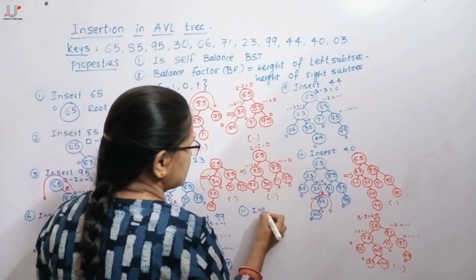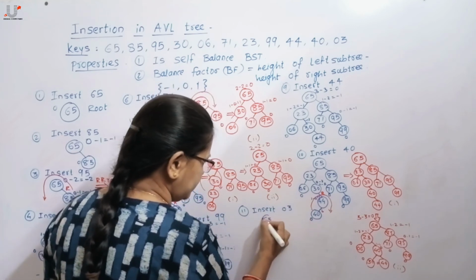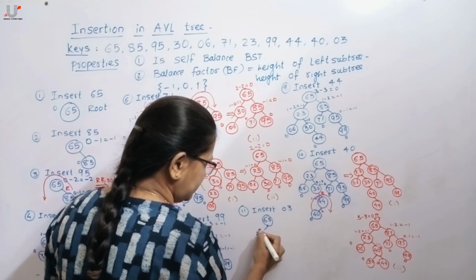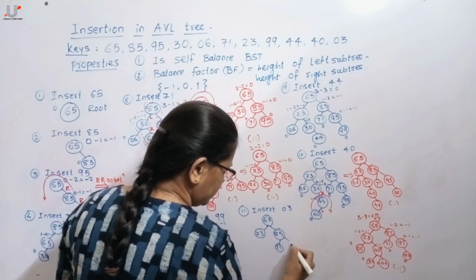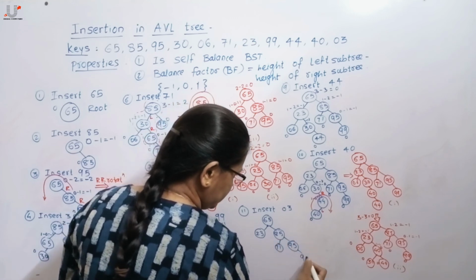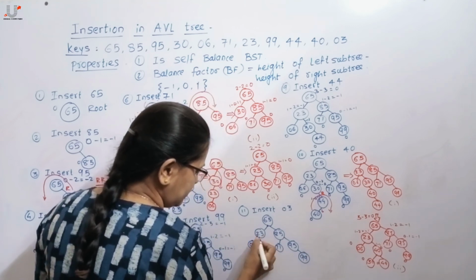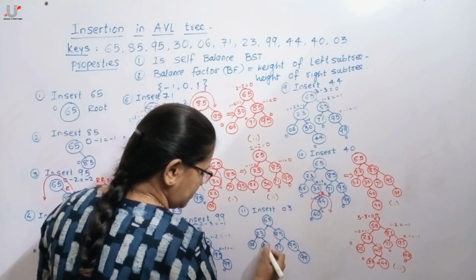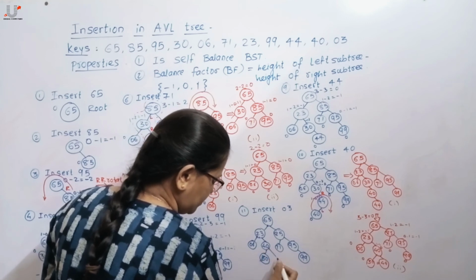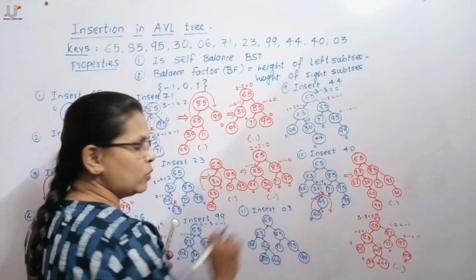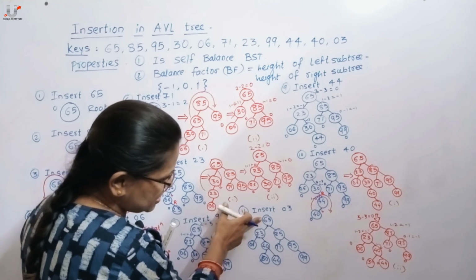Next step is insert 3. Now compare 3 with 65, it is smaller than 65, so move to left.